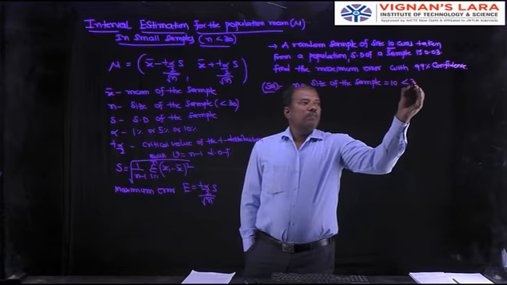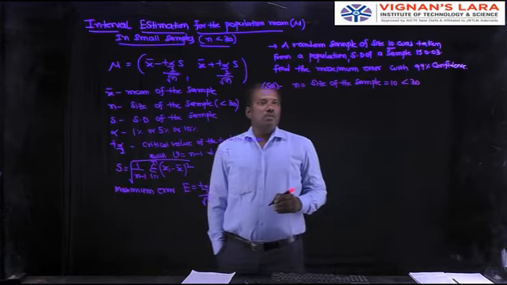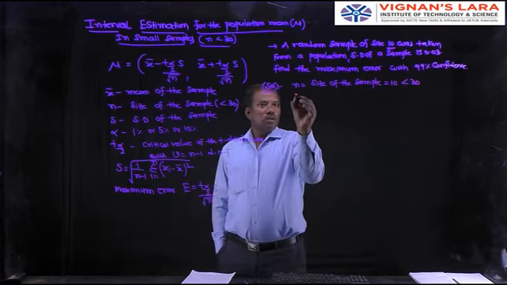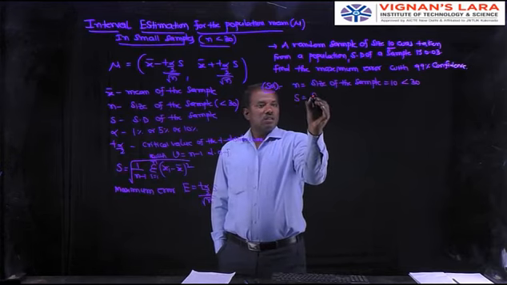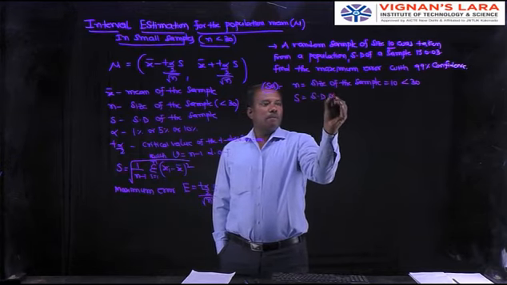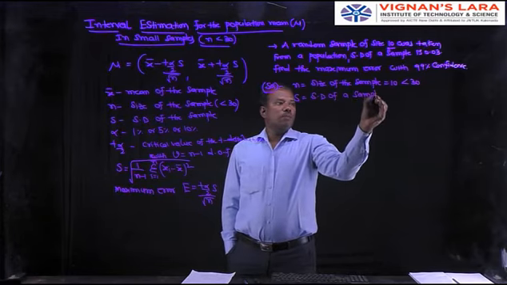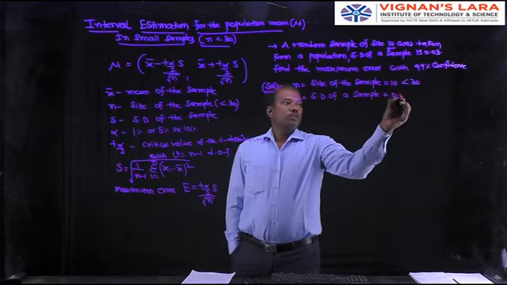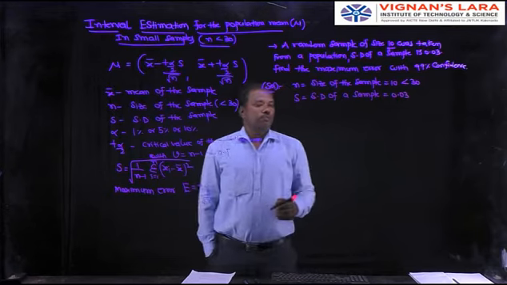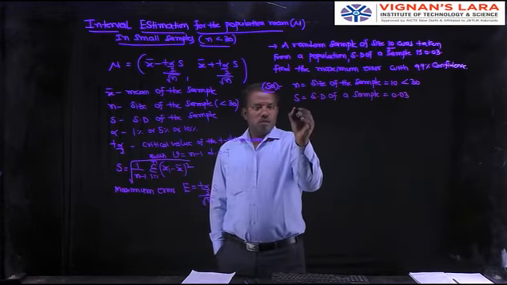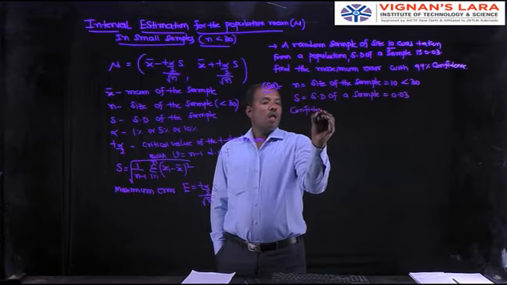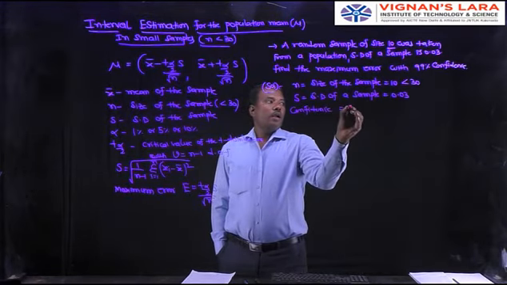Less than 30, nothing but small samples. S, standard deviation of the sample, 0.03. Confidence 99%.